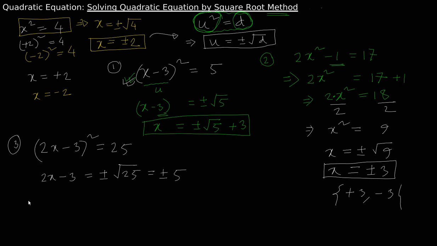So I can write 2x equals plus minus 5, and this negative 3 on this side will be positive 3. So what I have is x equals plus minus 5 plus 3, over 2.